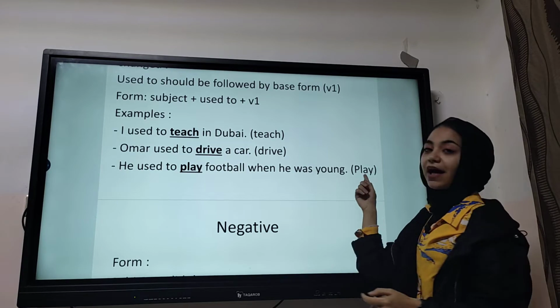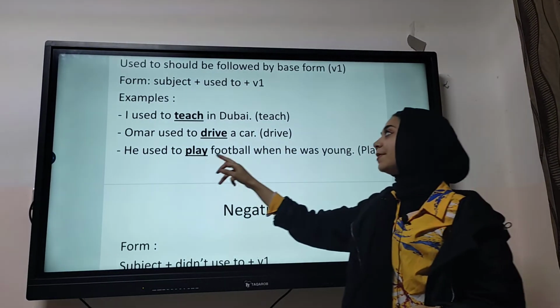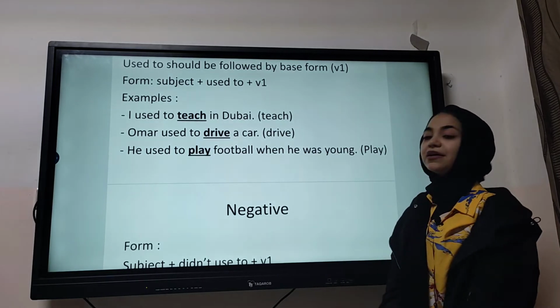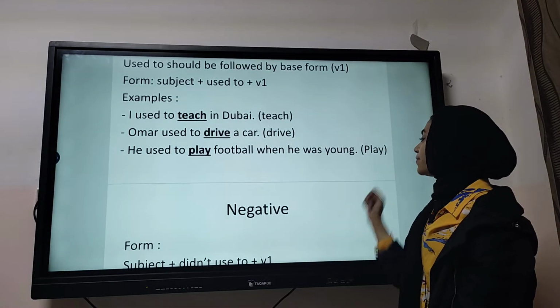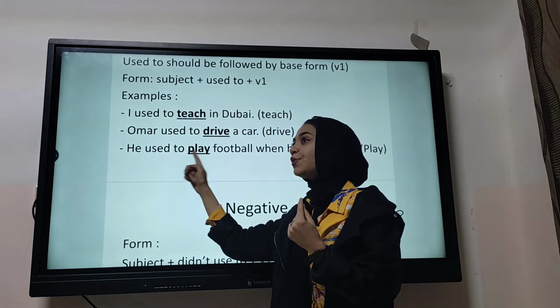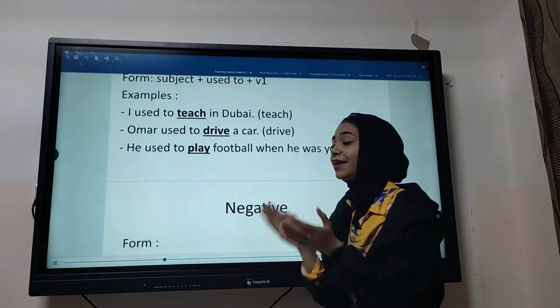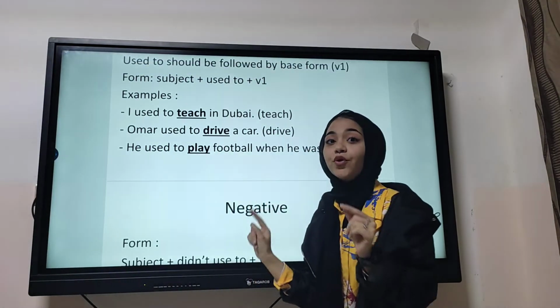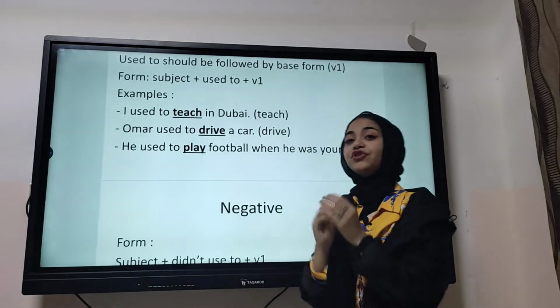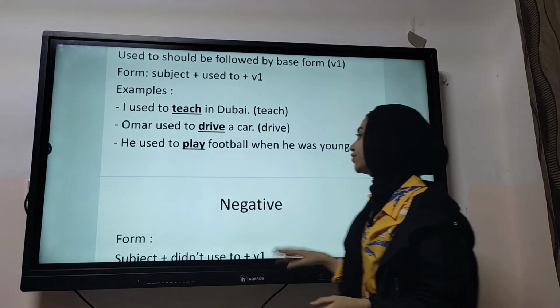And here we have play between parentheses. So focus with me. He used to play, not playing or plays, to play, past form, verb 1. Because after used to, what do we have? Verb 1 or past form.